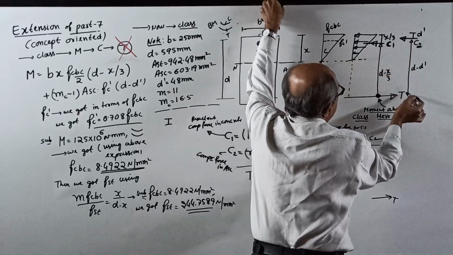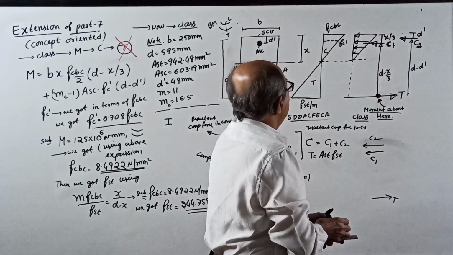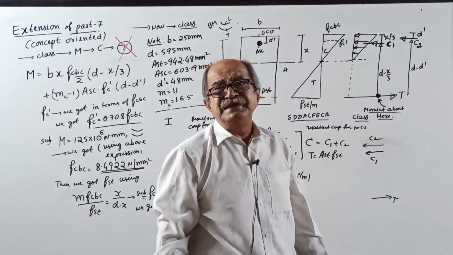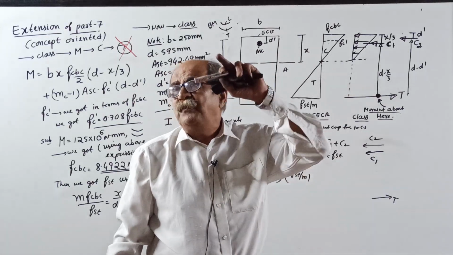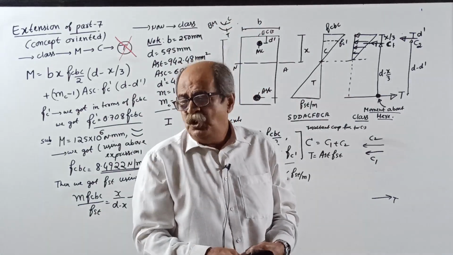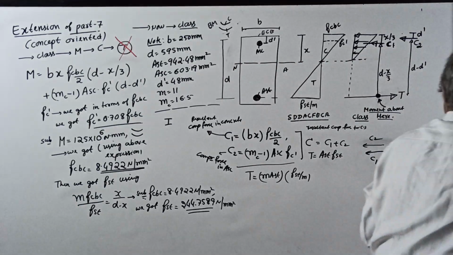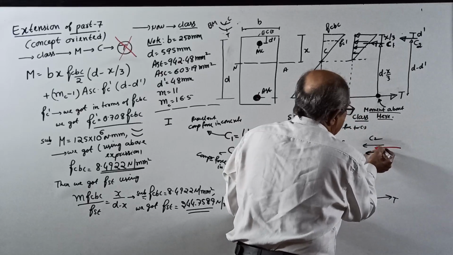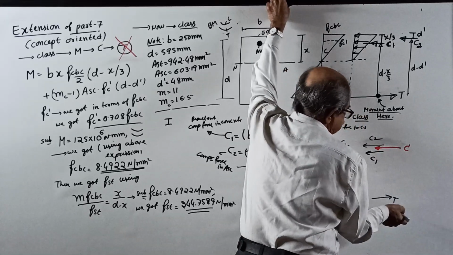For C2, the lever arm is d minus d dash. Like in singly, to get the expression for M, you can take moment about either the line of action of the resultant compression force or the resultant tension force. Now, one problem: the resultant compression force C equal to C1 plus C2 will pass somewhere in between.